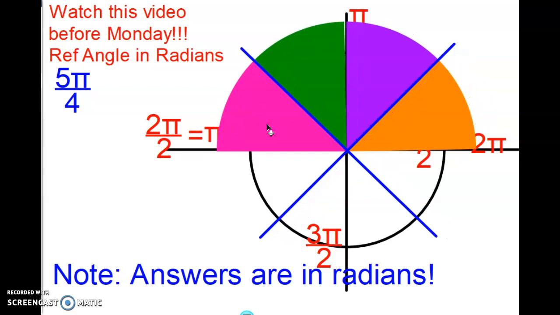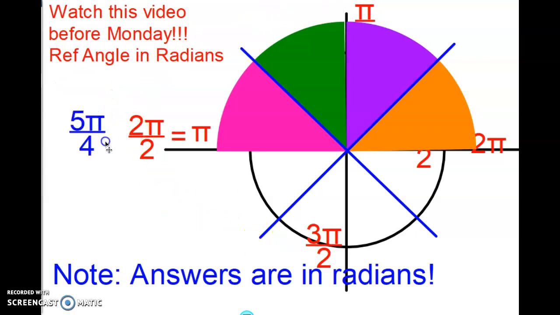So all I have to do right now is count. So watch the bouncing ball. Here's 1 pi over 4, 2 pi over 4 reduces to pi over 2, 3 pi over 4, 4 pi over 4. Hey, this must be 5 pi over 4 right there.